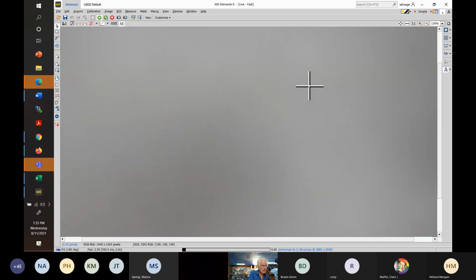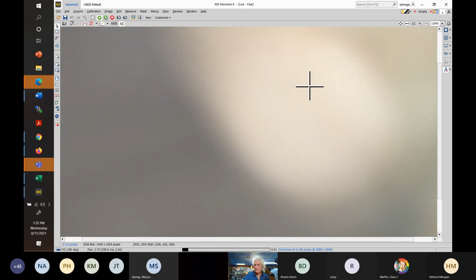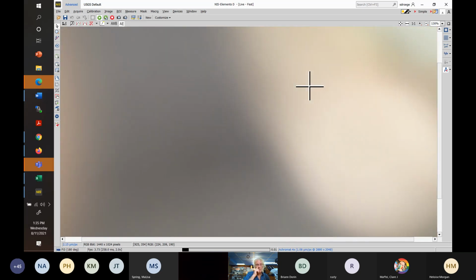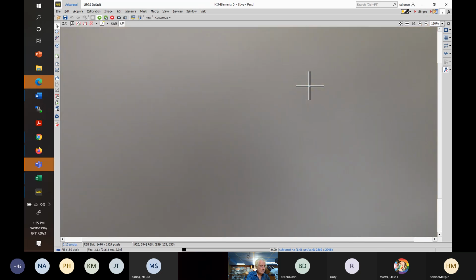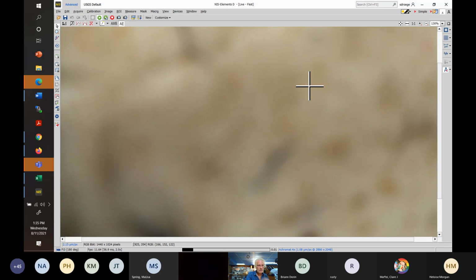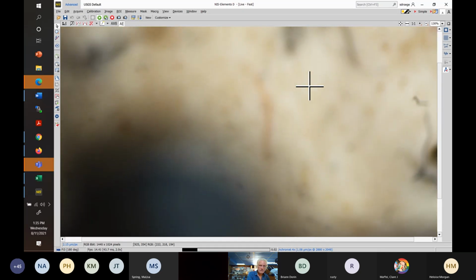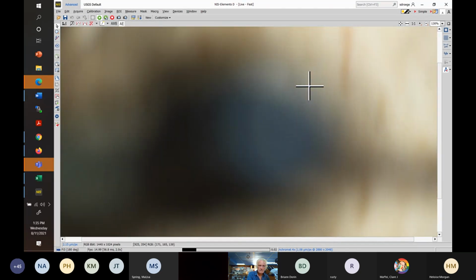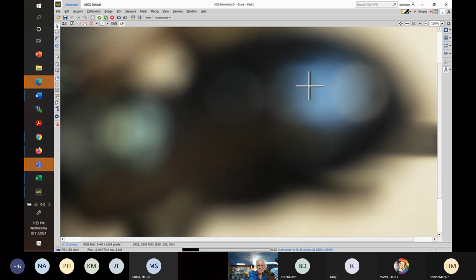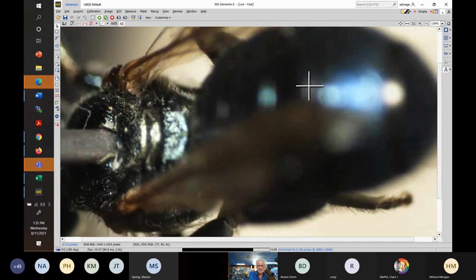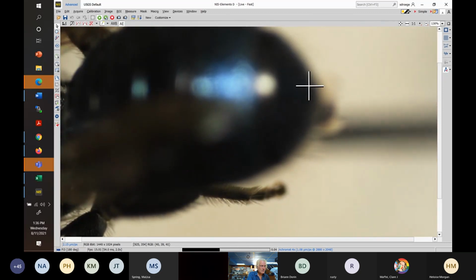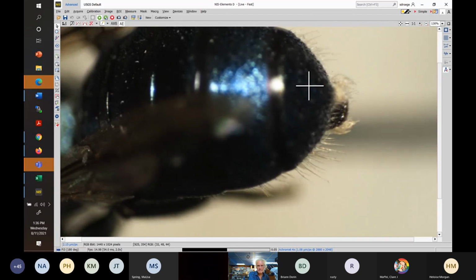With this group, we really are spending almost all of our time looking at the flange and the hind femur. Strenua males have another character that's useful, but we'll talk about that when we see strenua. Other species in other parts of the US and the world have different character strings. I don't know them well enough to talk about them.